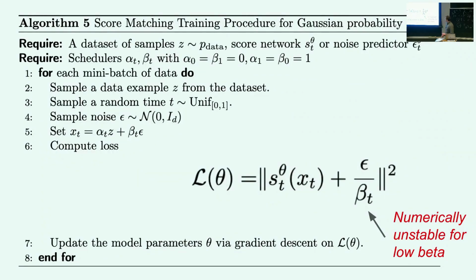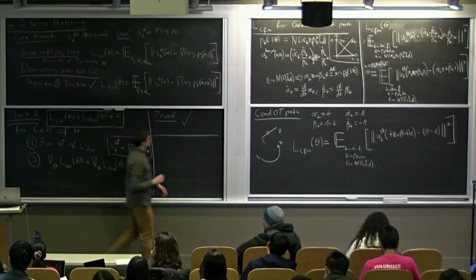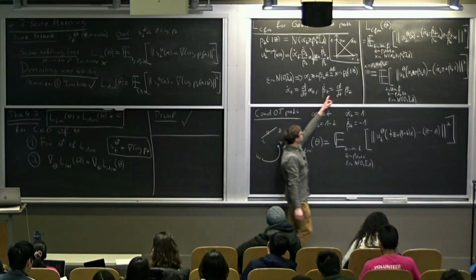Let's see. Okay, training algorithm, in this case, same way as before, just that we are now predicting noise divided by β_t. It might be worth mentioning that this is numerically unstable for small β_t, and β_t is small for times close to 1.